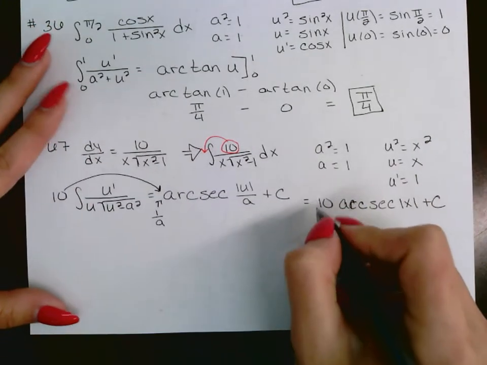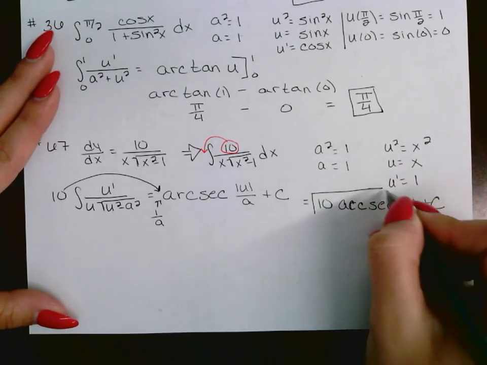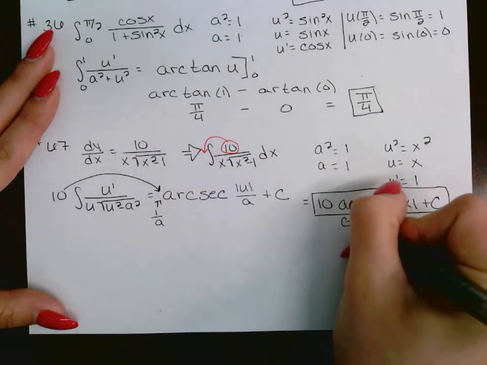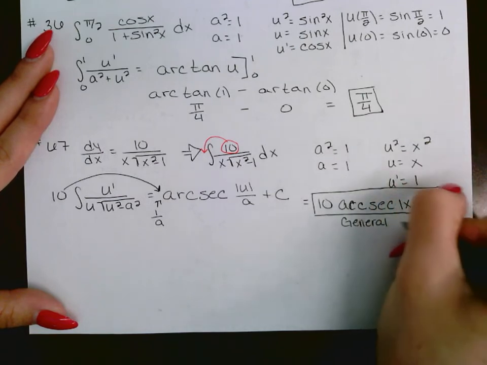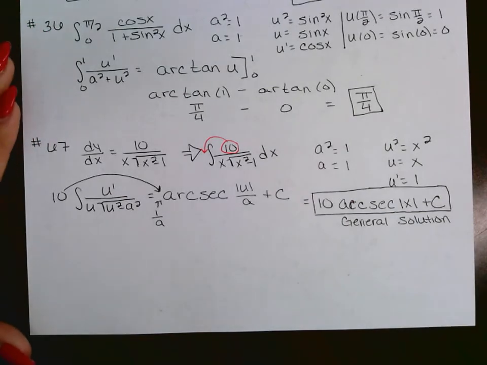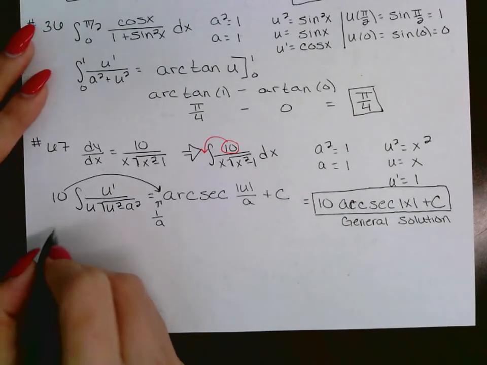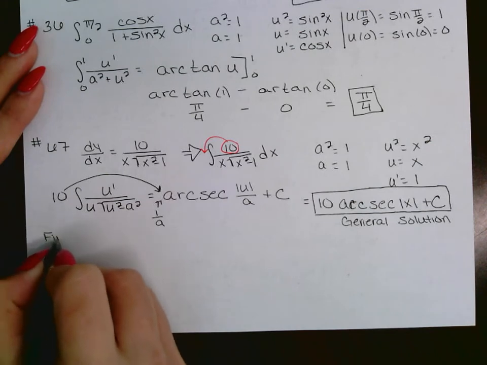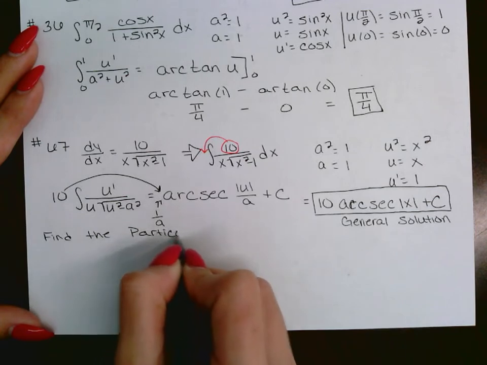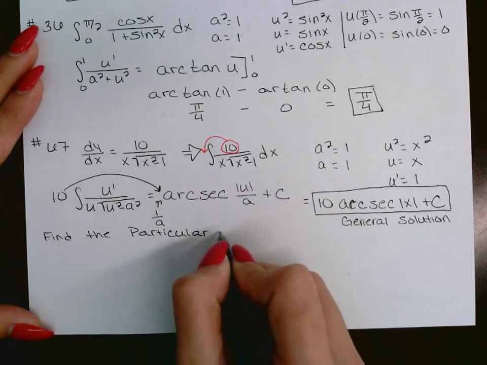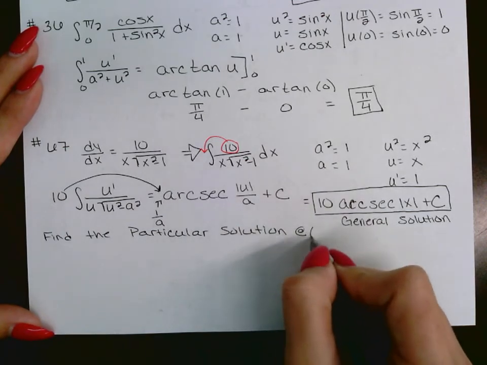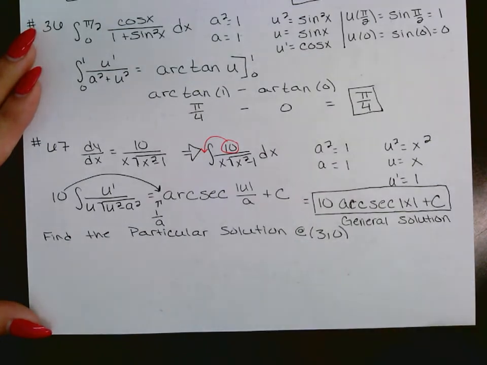Okay? A reminder that when I have a plus c, this is called a general solution. The question like this on the test will have a part 2 that says find the particular solution for the point 3, 0. Okay?